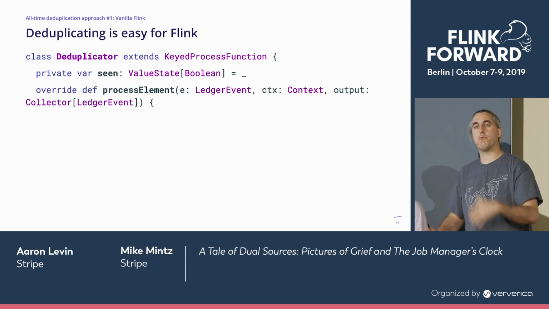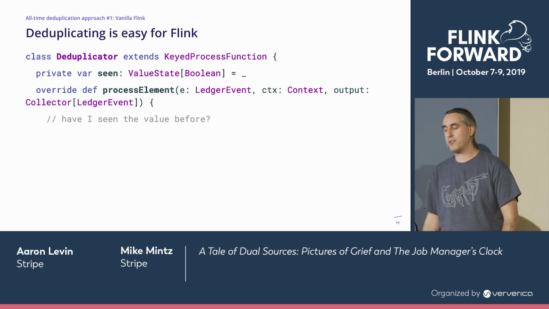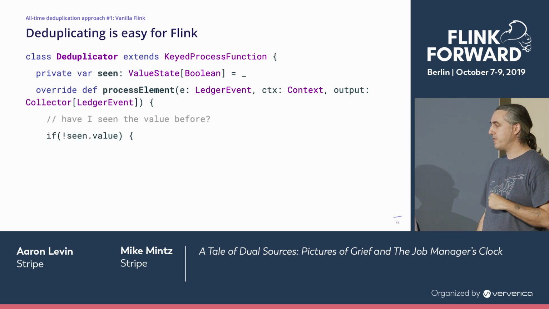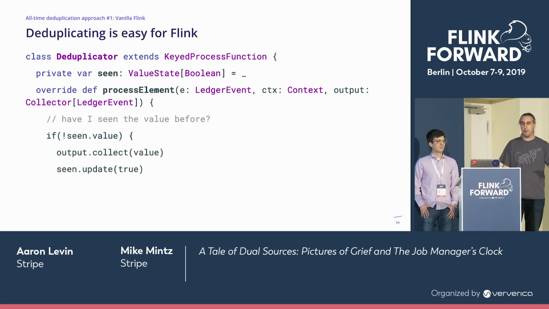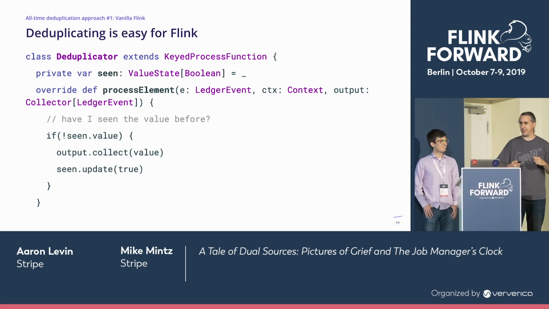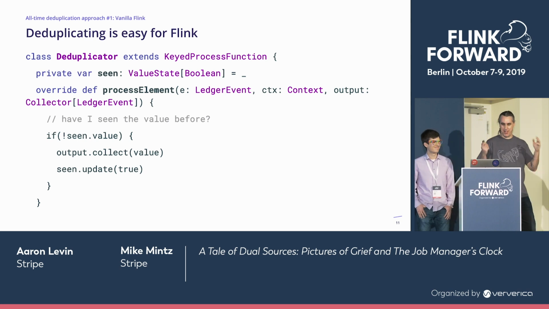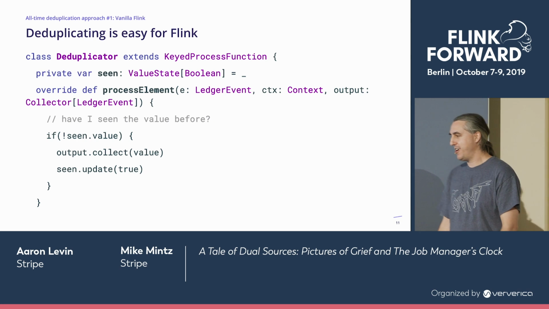In the process element, where we receive an element and then optionally emit one, we simply ask ourselves, have I seen this ledger event before? If I have not, then I output it and I update the state variable to say that, yes, indeed, I have seen this ledger event now. The next time one comes, the state variable will be true, I will have already seen this, and we will skip it, thus deduplicating it.